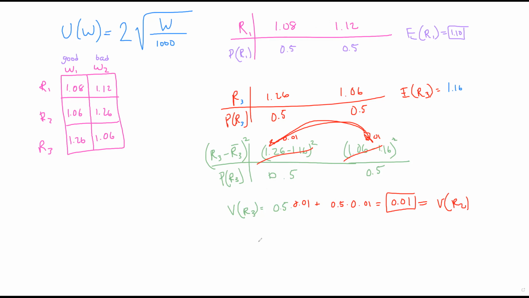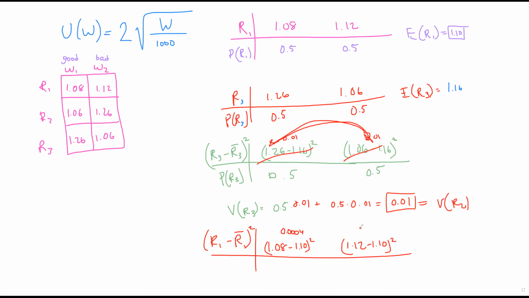So remember, if I want to do the variance for R1, I do R1 minus its own mean and square it. 1.08 minus 1.10 squared would be 0.0004, and 1.12 minus 1.10 squared is also 0.0004, each with a 50% chance.